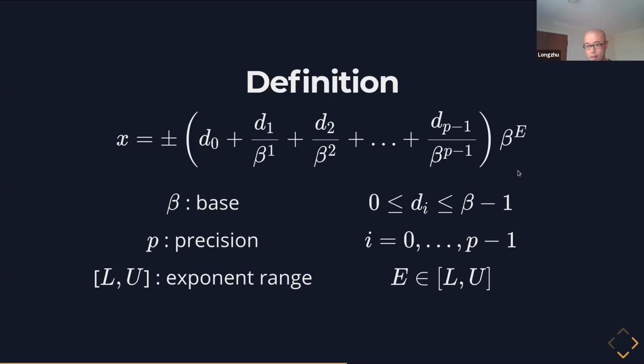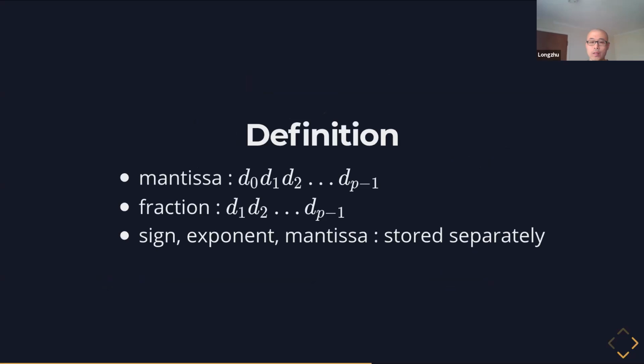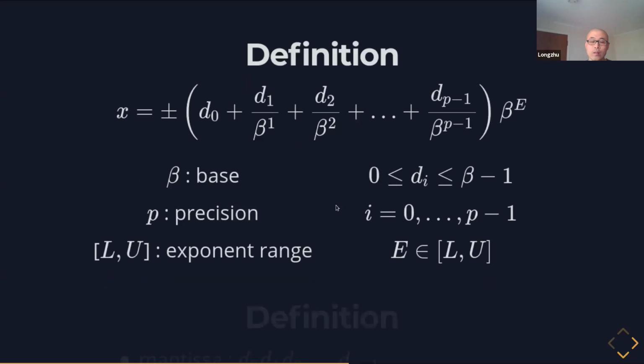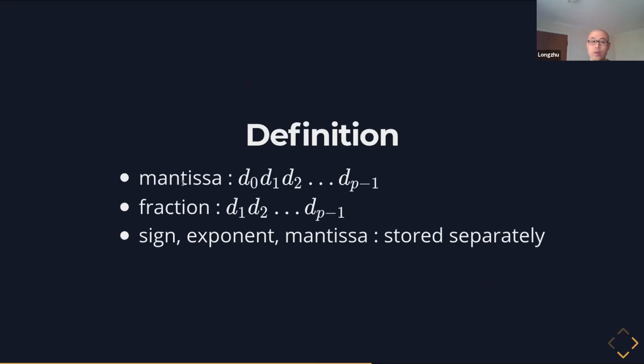But there's one key thing you should pay attention to: this system is a discrete system. By definition, these digits, which I start from here, are called the mantissa. The fraction after the initial dot is called a fraction.